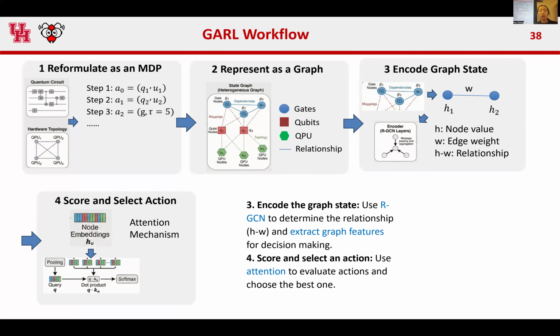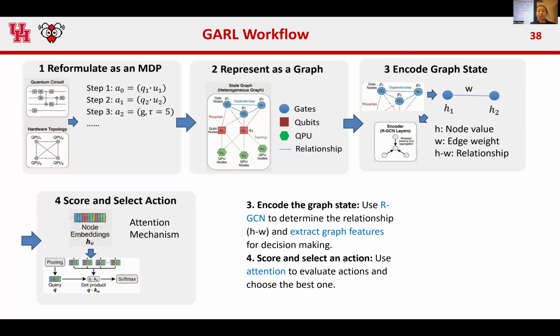For the third step, we want to encode the graph state. We will use RGCN, one of the GNN variants, to determine the relationship between the nodes and edges in the graph, and then extract the graph features for decision making. For the fourth step, we score and select an action.